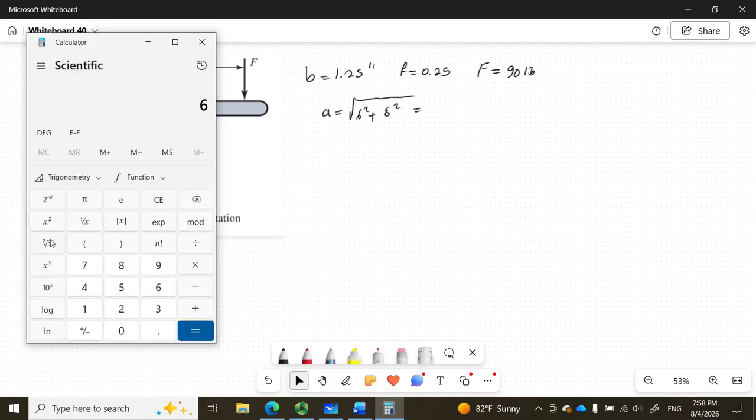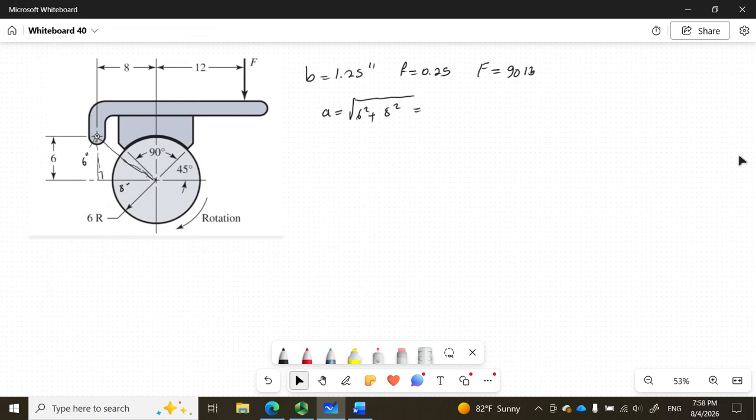So 6 squared plus 8 squared, and so it'll be 10 inches. Let's see if we did it right. 8 times 8 is 64, and 6 times 6 will be 36, so it will be 100, so that looks right. Alright, so that's the A.